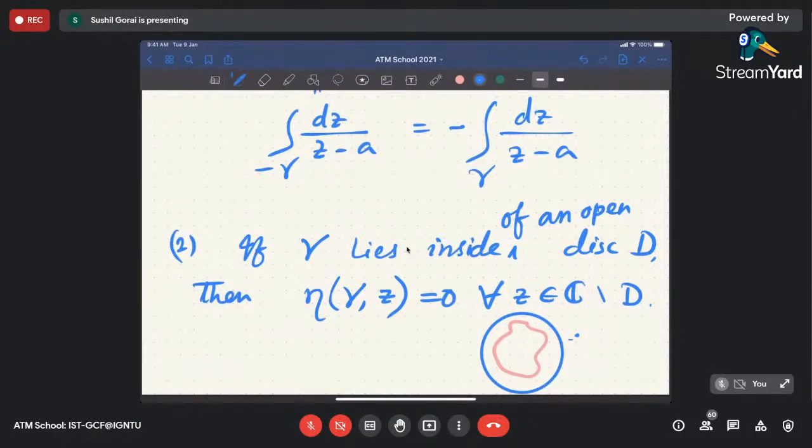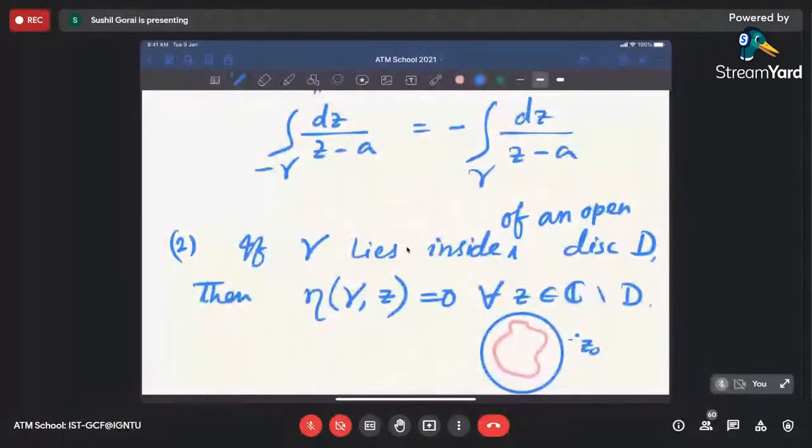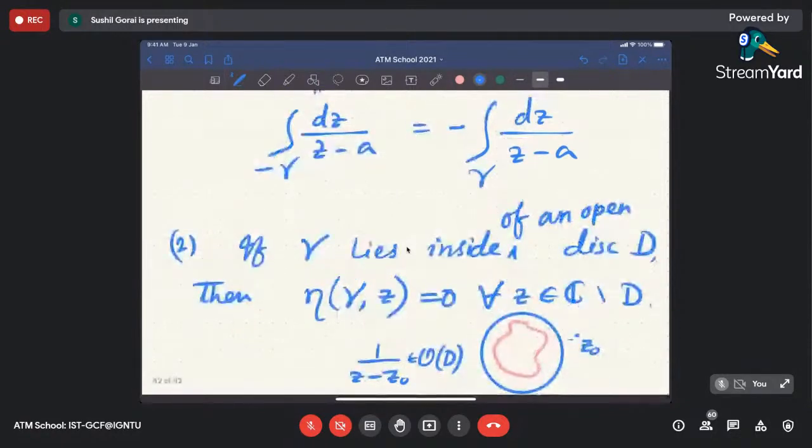That would give you integration 0. If z naught lies here, then look at 1 over z minus z naught, and this will be holomorphic in D. And then use Cauchy's theorem. All right, is this clear? Yes, sir.